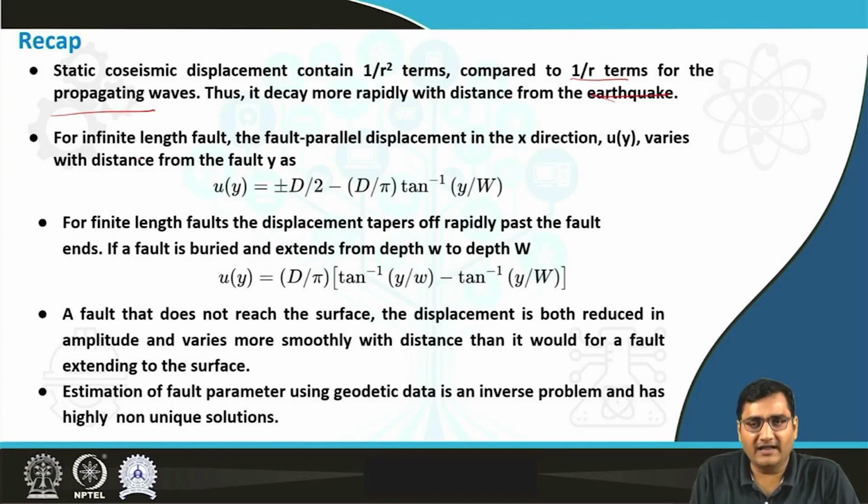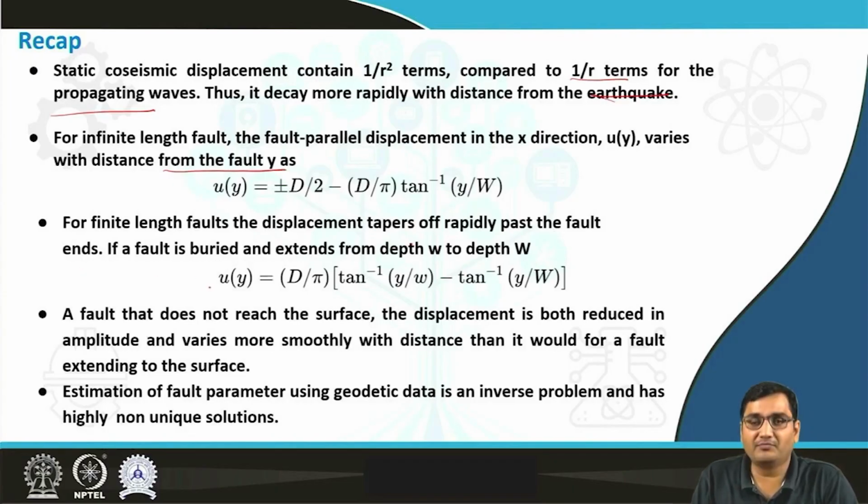For an infinite length fault, the fault parallel displacement in the x direction and the slip or deformation in the y direction, uy, varies with distance from the fault y as uy equal to plus minus D by 2 minus D by pi tan inverse y by W. W is the rupture depth of the fault, D is the slip on the fault, and y is the distance from the fault. For finite length faults, the displacement tapers off rapidly past the fault ends.